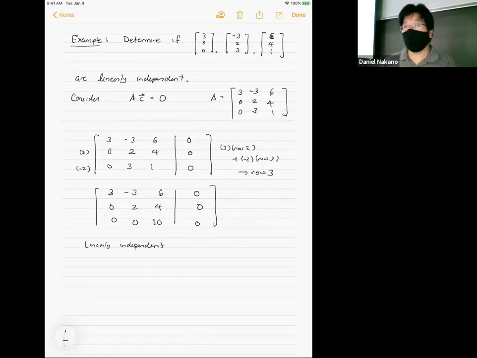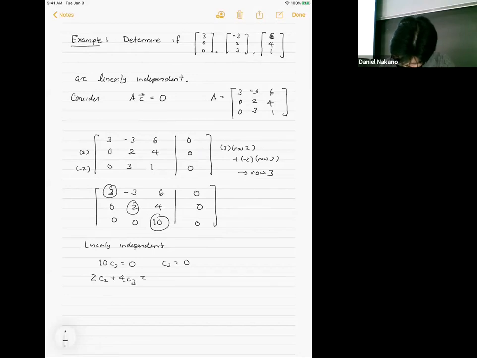Now, if you want to back substitute up, you can see that all the pivots are here. For example, I have 10c3 being 0, so that means c3 is 0. I back substitute up: 2c2 plus 4c3, which is 2c2, that's 0, so c2 is 0.